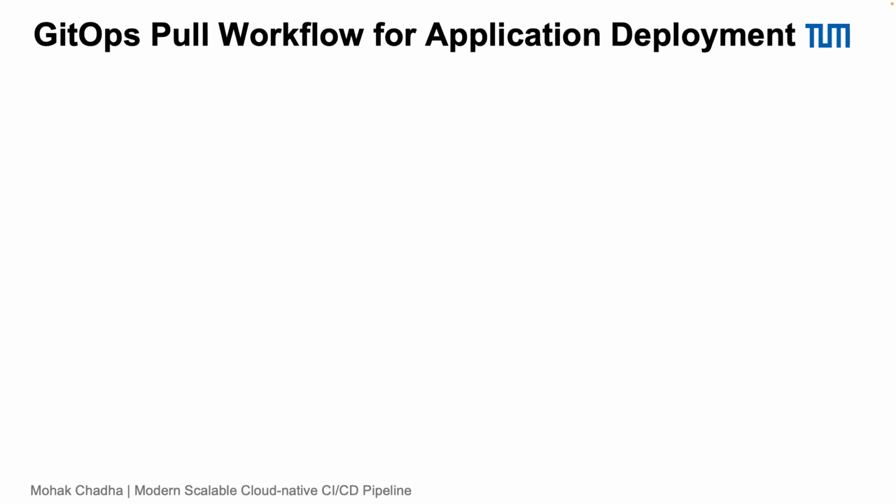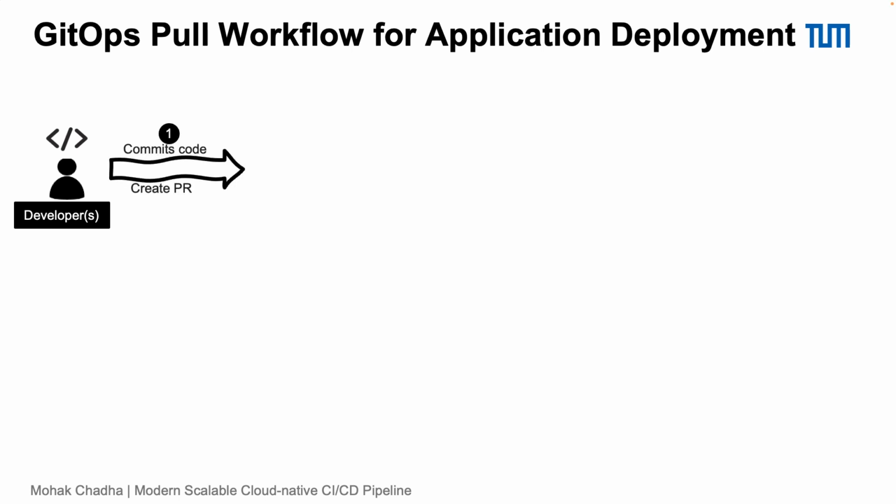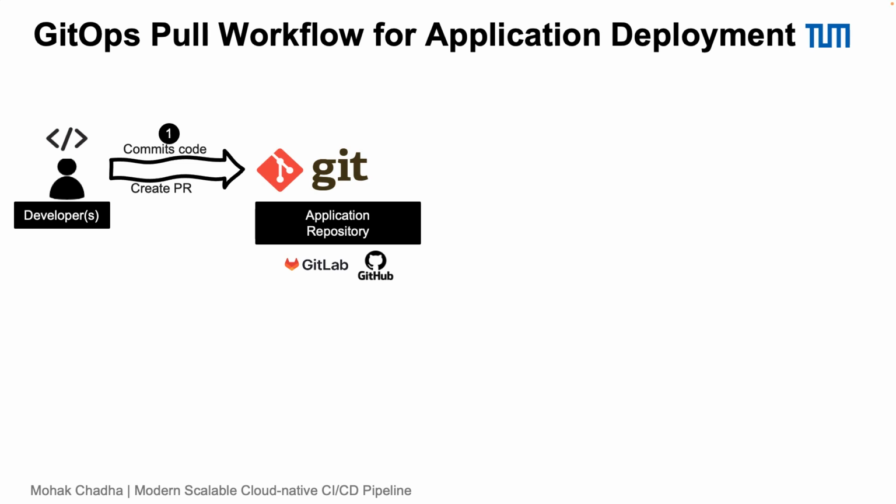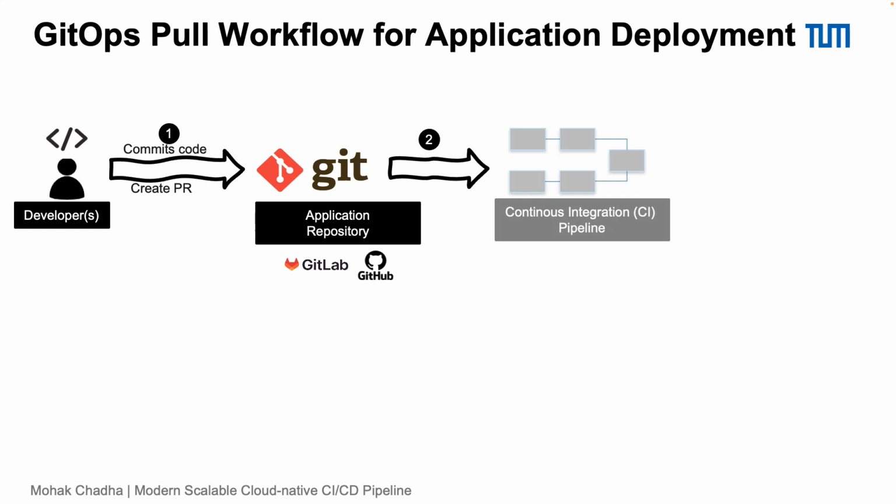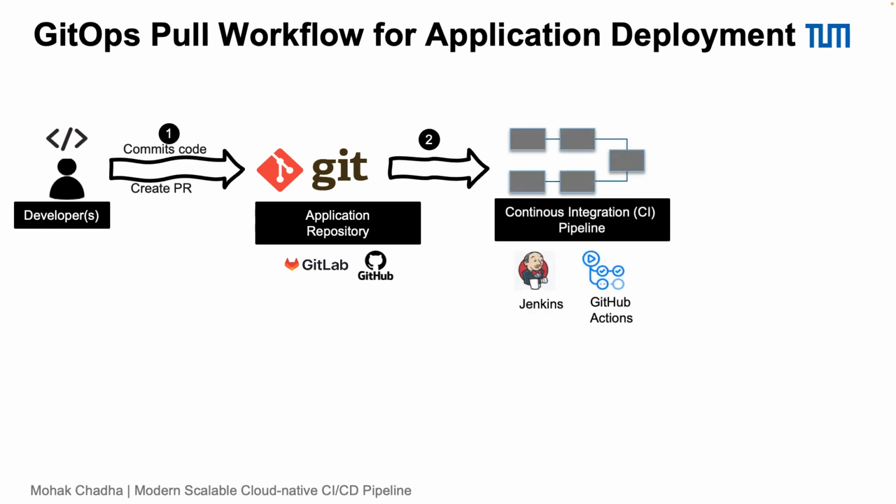Looking at the new pull-based workflow, the developer commits the code to the application repository, which is either hosted on GitLab or GitHub. This triggers the CI pipeline using either Jenkins or GitHub Actions.